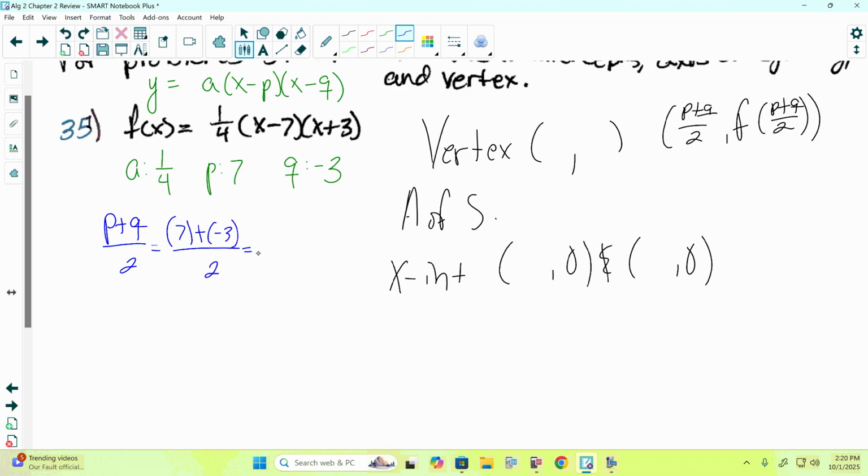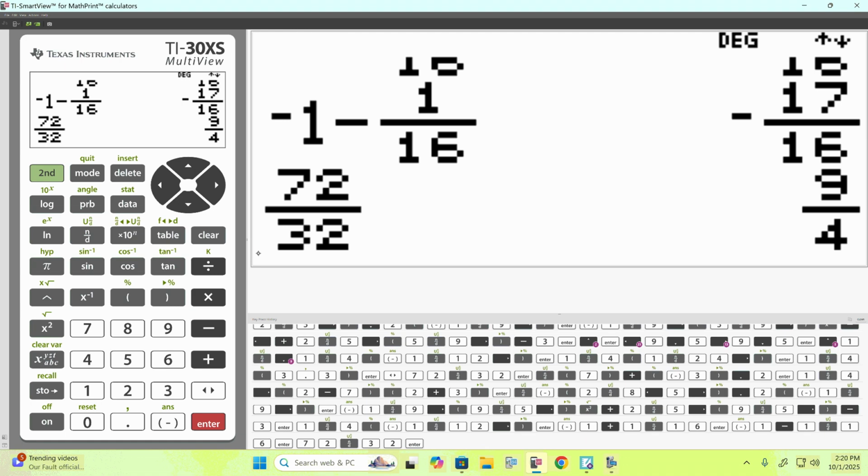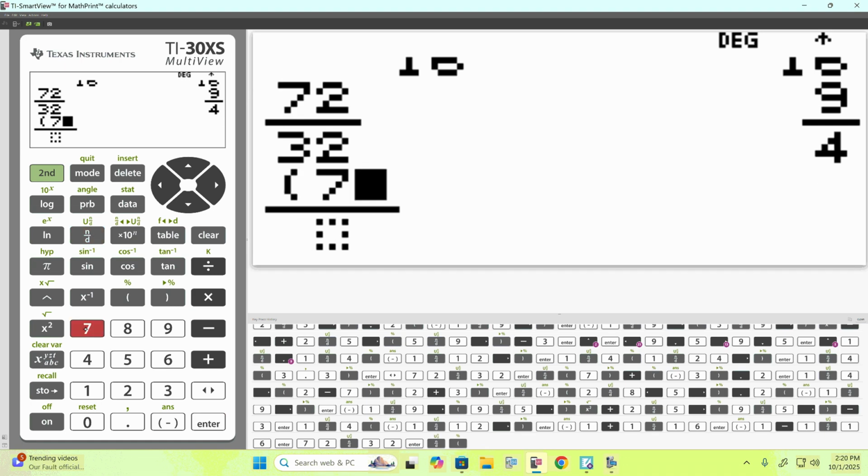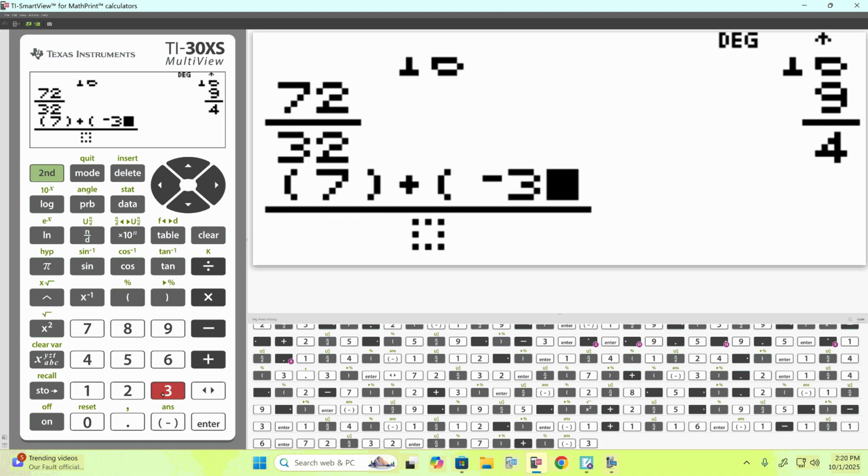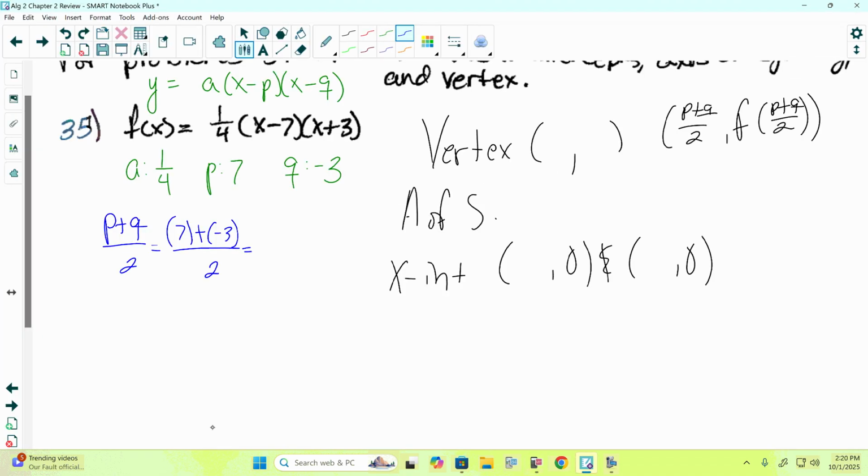So the first thing we need to find the value of is P plus Q over 2, which would be 7 plus negative 3 over 2. Now we can do that by hand, or we can do that in the calculator. 7 plus negative 3 over 2 is 2. So we do find the x value of the vertex.